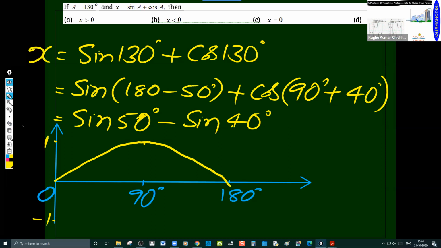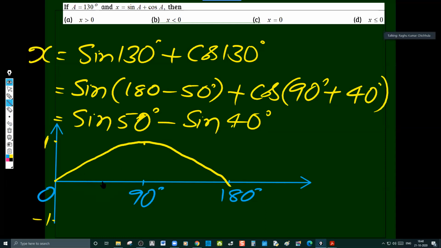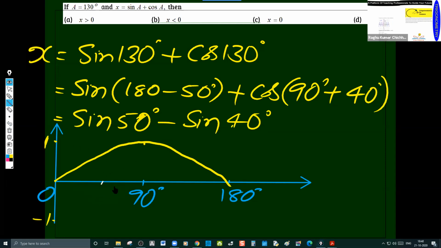So what is that I'm saying? See this clearly. Now, when I take 90 degrees here, half of it will be obviously 45 degrees. Let me write for your better understanding. Above 45, 50 will be there. Below 45, 40 will be there.